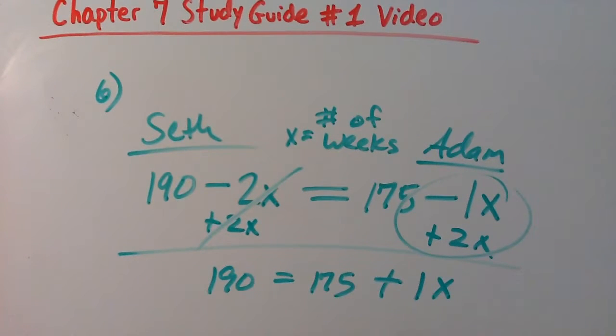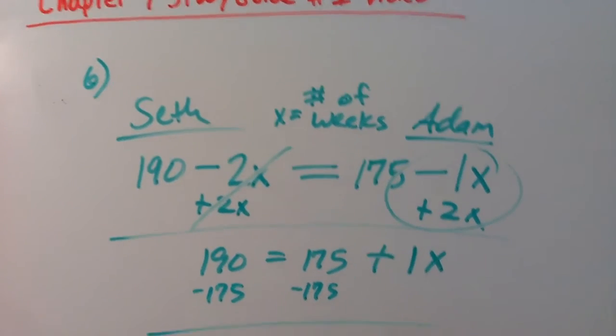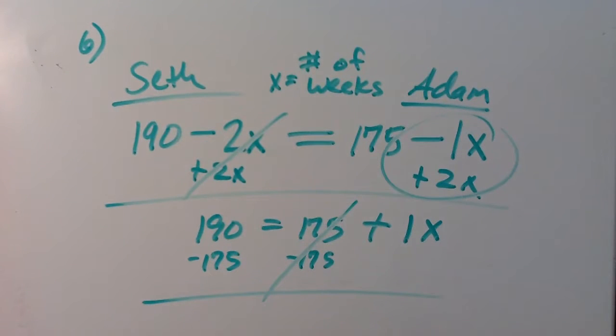Don't forget your variable. So negative 1 plus 2 is 1x. Because my variable is on the right side, I should get this number on the left side by subtracting 175 so that those 175s cancel. 190 minus 175 is 15, and that is equal to 1x, or just x.